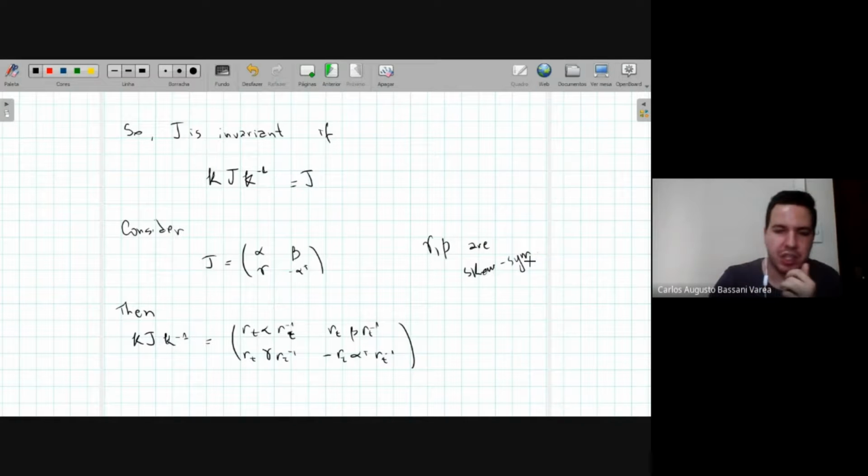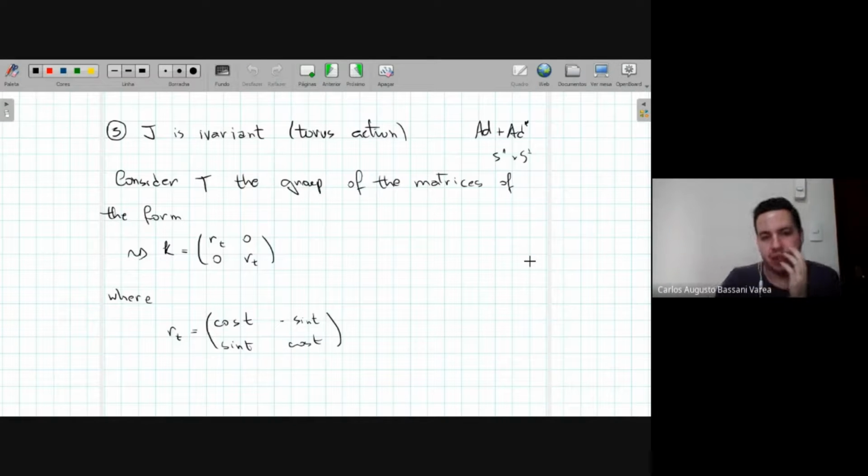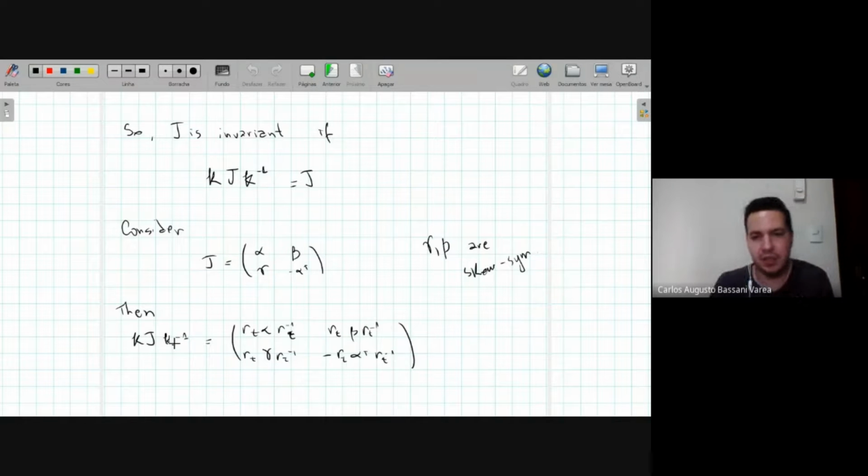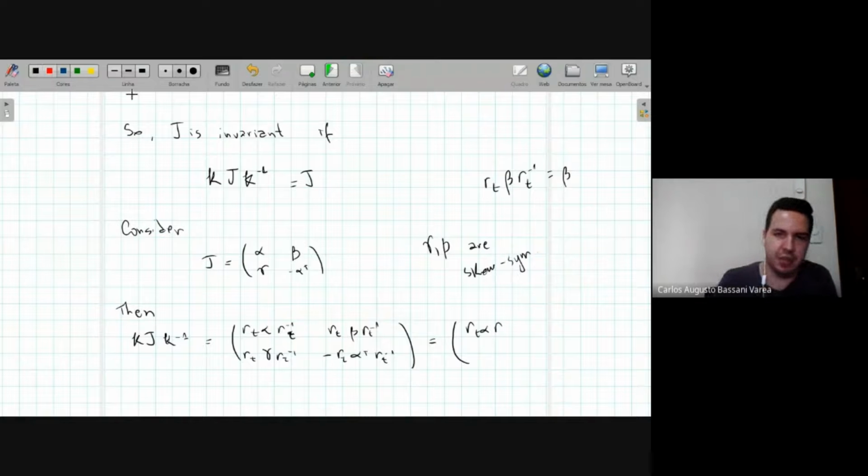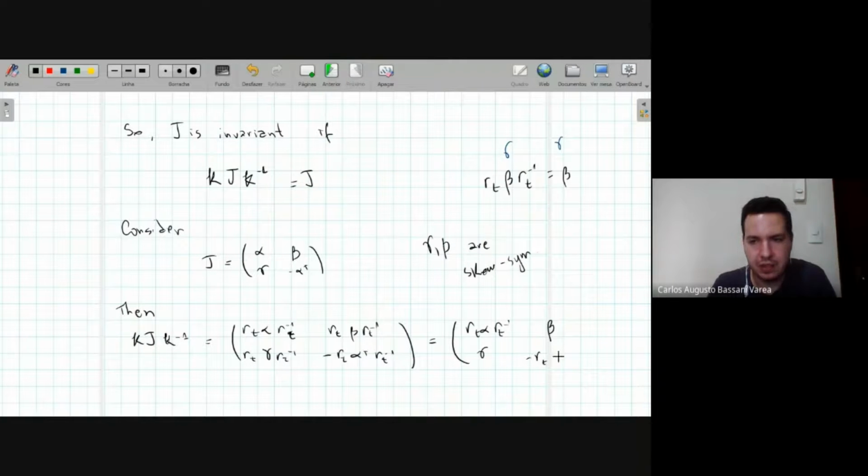So if you do the computation using this matrix RT and a skew symmetric matrix, you see that it will commute. So we obtain that RT beta RT minus 1 is equal to beta, and the same when we replace by gamma. Then we obtain this matrix here, with minus alpha transpose RT minus 1.